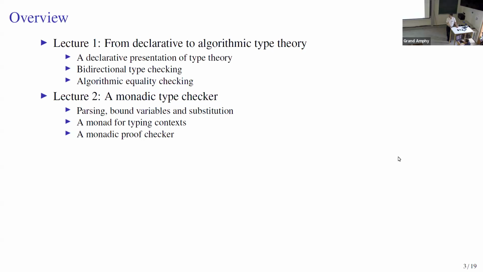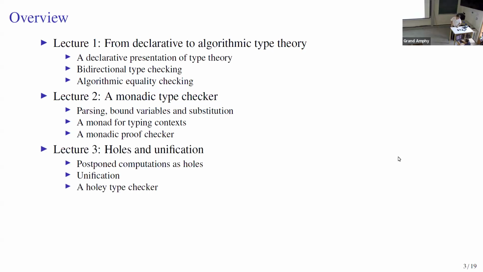I'm not going to explain too much about what we're going to do tomorrow. And in lecture 3, we're going to add what's called holes into our proof assistant, the proof checker. Holes are like unfinished bits that you want somebody else to do, for instance, unification. And the holes are the basis for many techniques in proof assistants, such as type class arguments, and others.